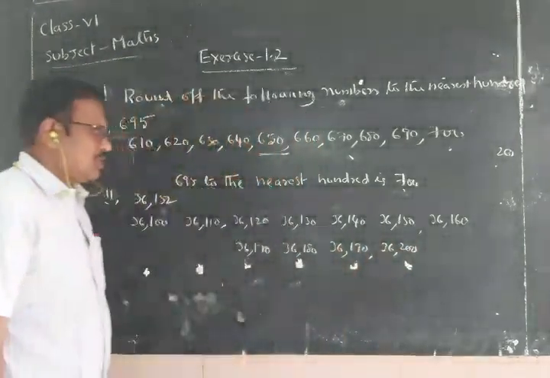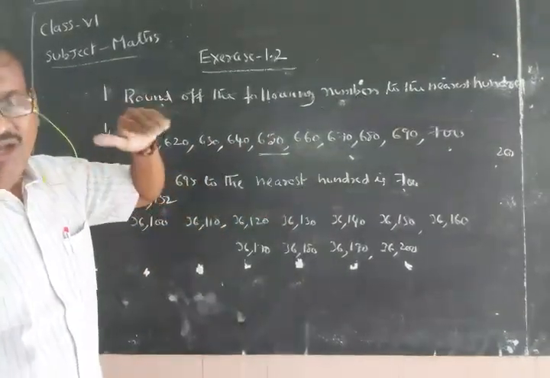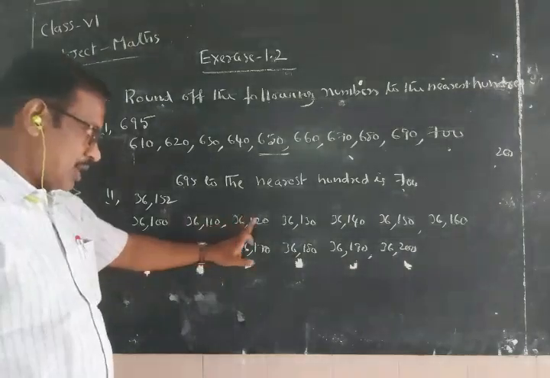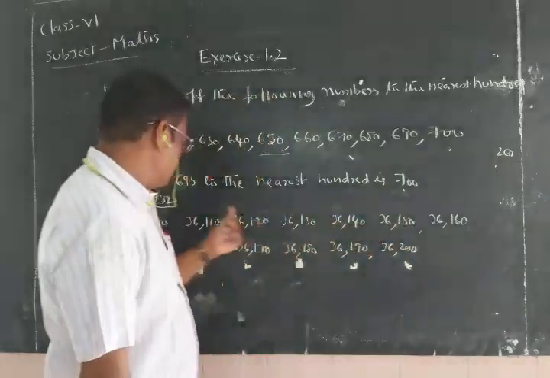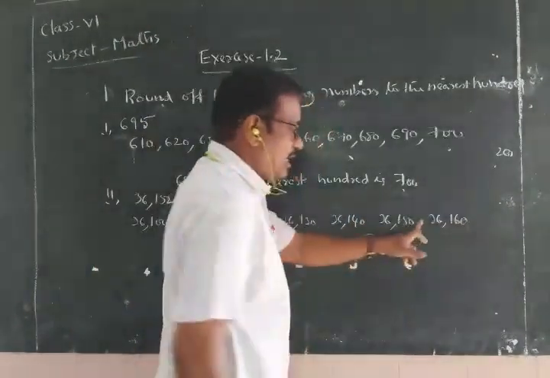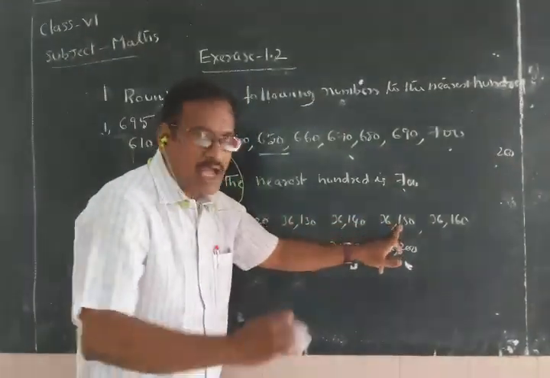36,200. So nearest 100 means 100 or 200. Suppose there are 100, 110, 120, 130, 140, 150. 152 is between 150 and 160. Now we have 150 above the number.